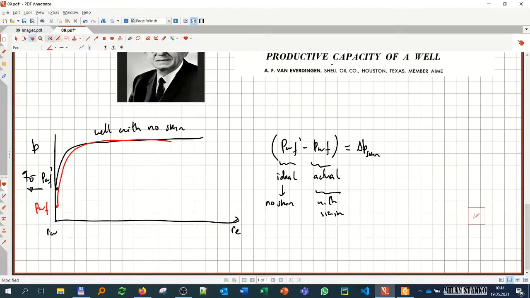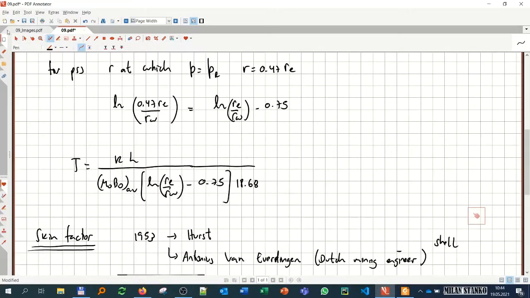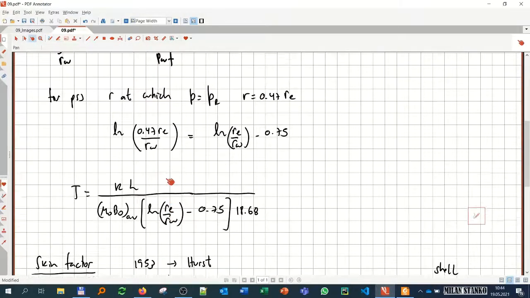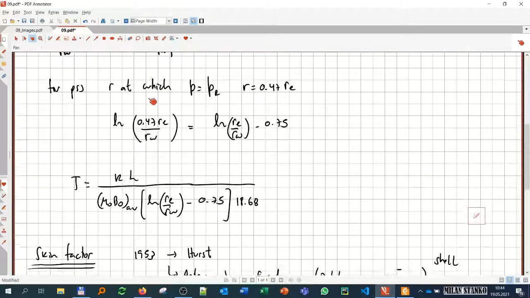So the approach presented by Hertz and Everdingen says, this is the delta P of the skin, and now I want to put this in a dimensionless way. To do that, I can take some term from the IPR to make it dimensionless.